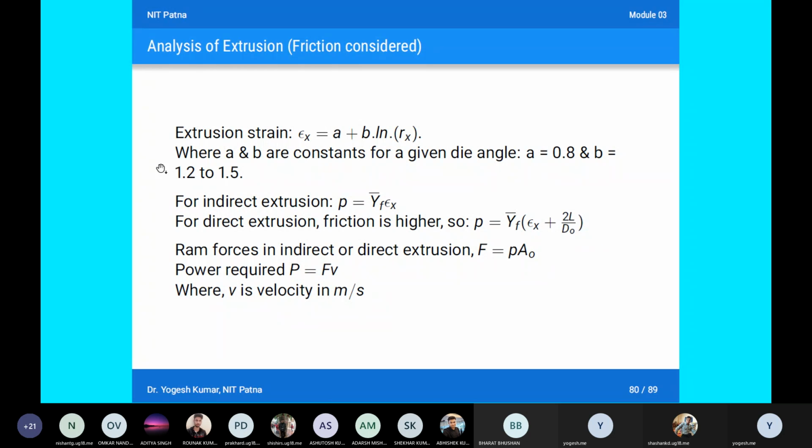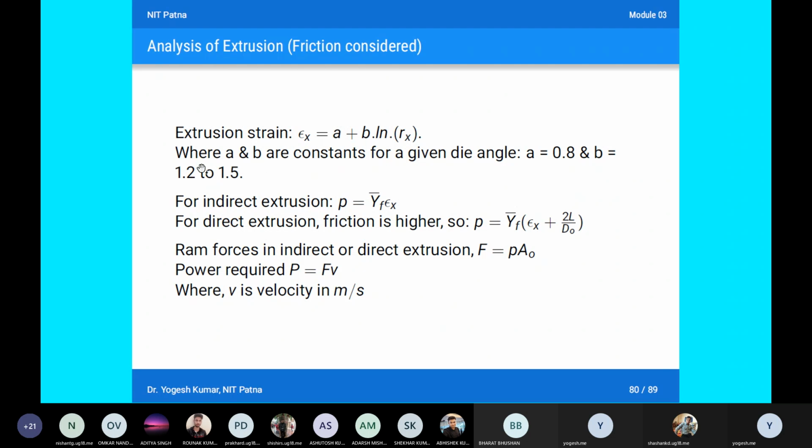I will see how this B is calculated. But for now, we can note down that B varies from 1.2 to 1.5, and it is different for different materials. Maybe it has a correlation with friction also, but I have to see.